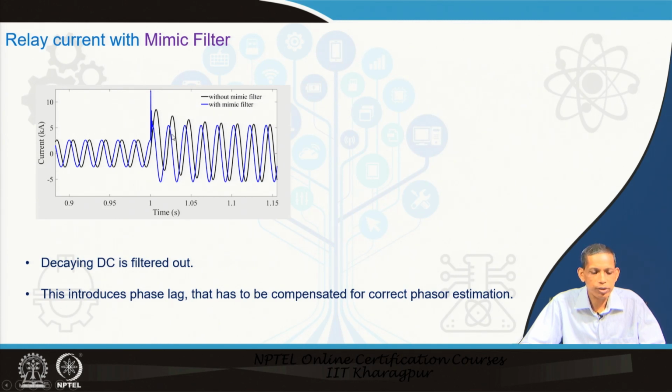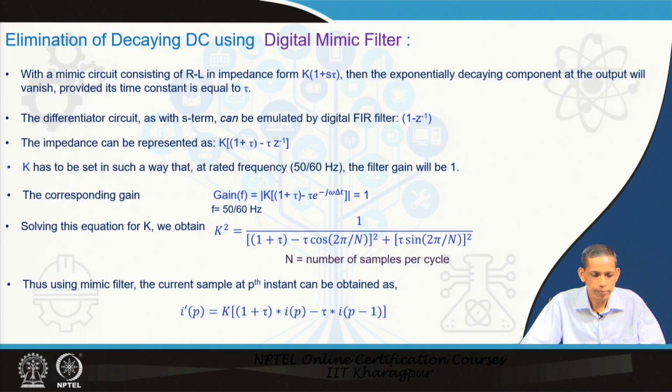With the mimic filter we have the blue one, and the decaying DC part is almost overcome, the problem is overcome in this case. But there is a phase displacement due to the presence of the L circuit, and that has to be compensated in the computational process.